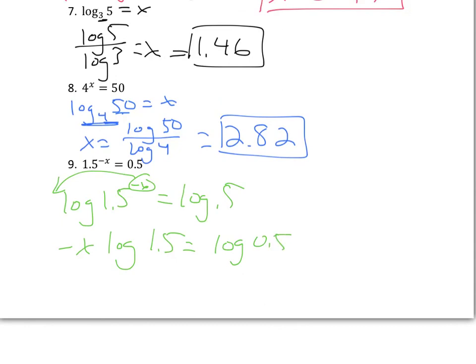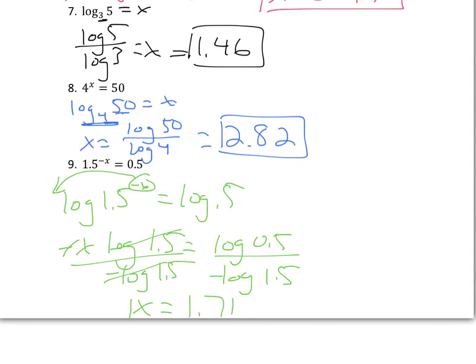And divide by negative log 1.5 to both sides. So these cancel out, and you're left with x equals, type in your calculator, log 0.5 divided by negative log 1.5. The answer is 1.71. And that's all you have to do to use your calculator.